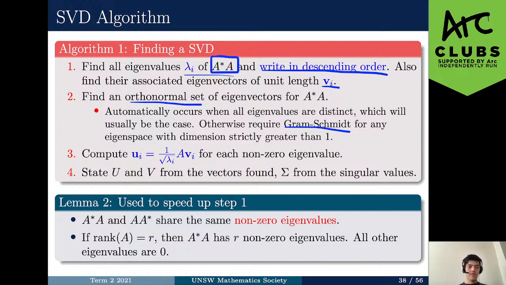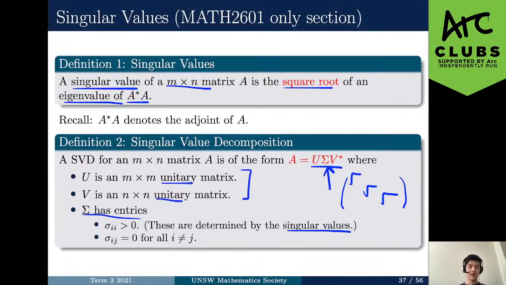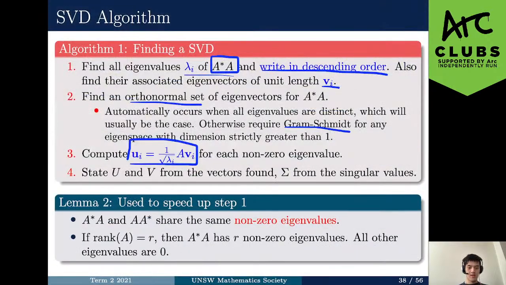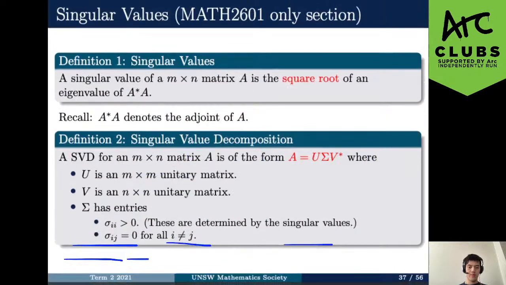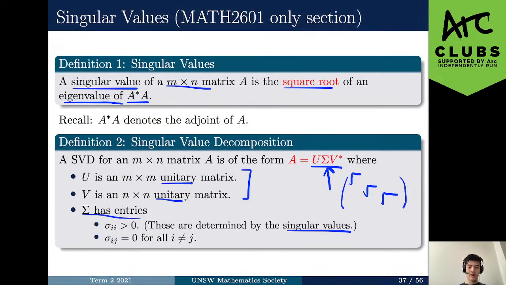Okay, and then you have this formula here to calculate what U is, and all of these vectors for U just make up the matrix U over here. In terms of how we actually do this, we found V, so V is an n by n matrix.